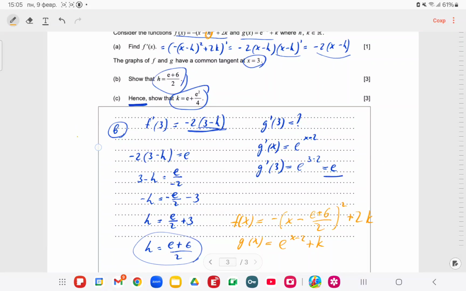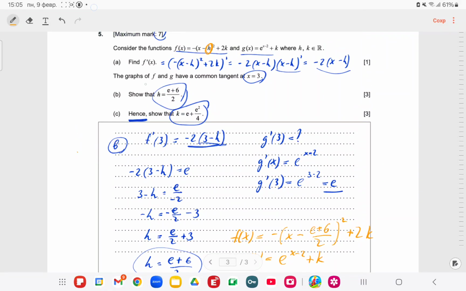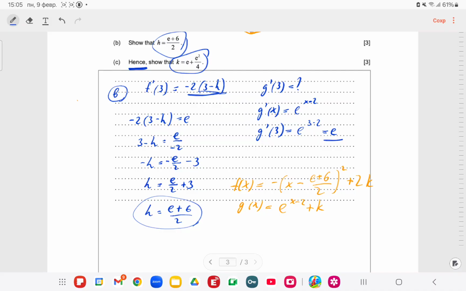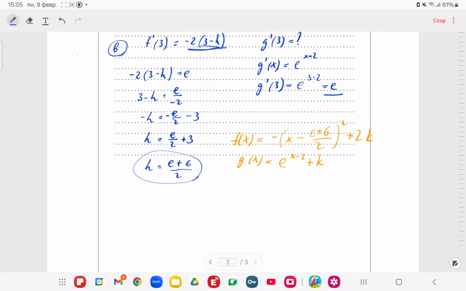And we know that if 2 graphs have a common tangent at the same point, it means that these 2 graphs have a common point, right? Common point. It means that we can say that f of 3 is equal to g of 3.